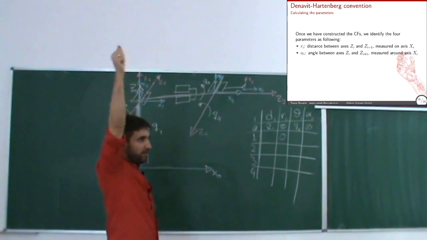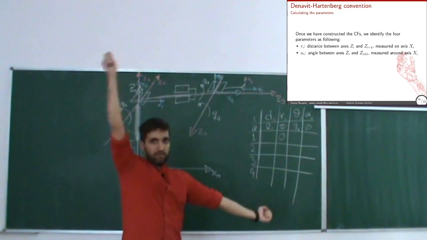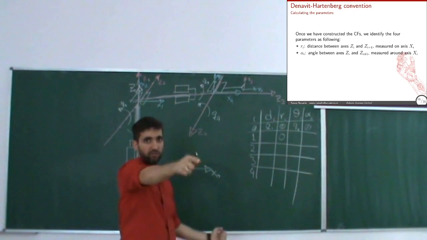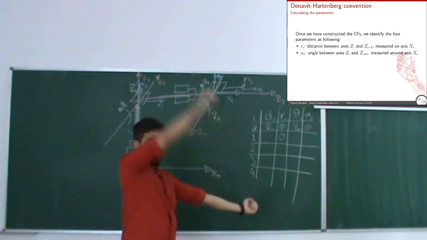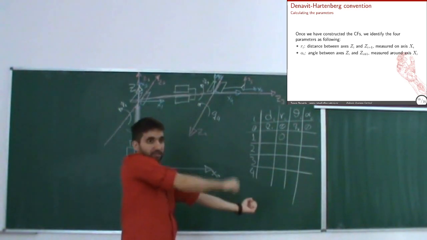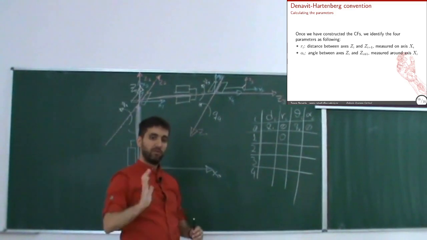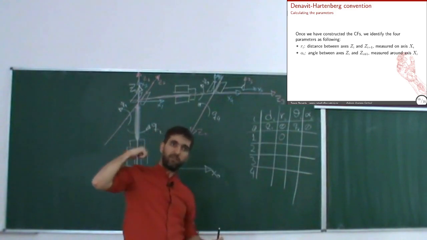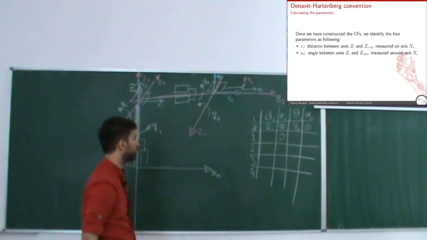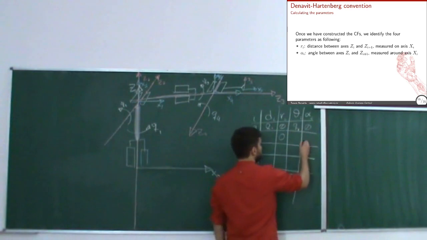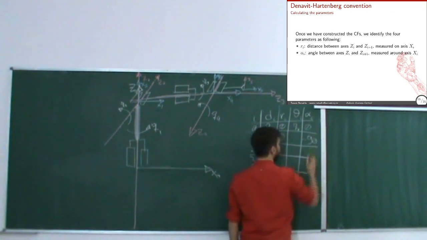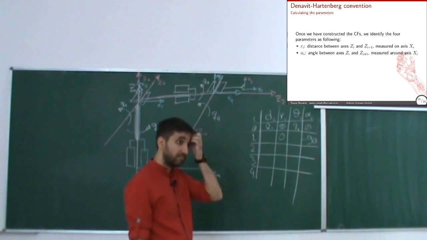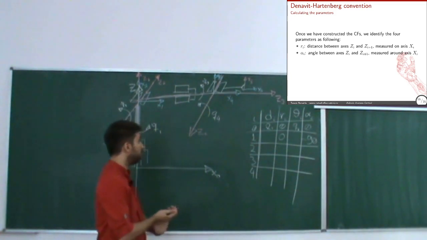From Z1 to Z2, along this vector. Positive direction towards you. Positive or negative? Why? Because if I use the right hand and I do this rotation, my thumb shows the negative direction. Okay, so this is minus 90 degrees. Okay? Sometimes I write pi over 2. Great.